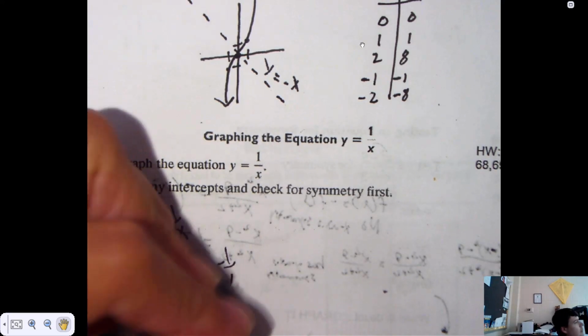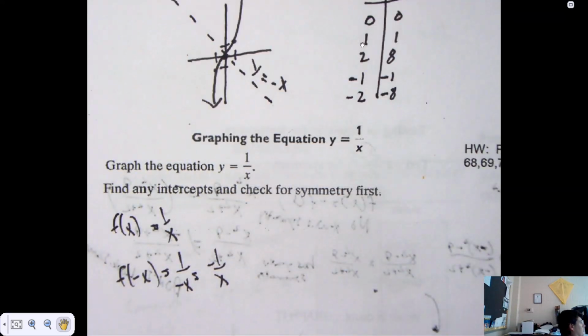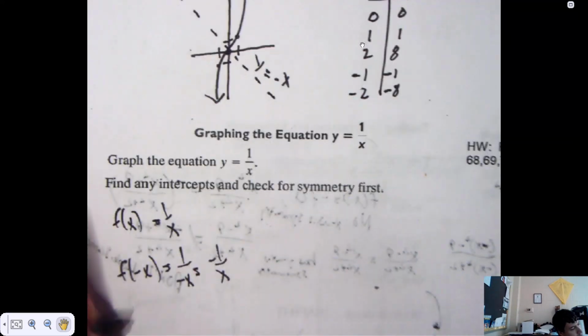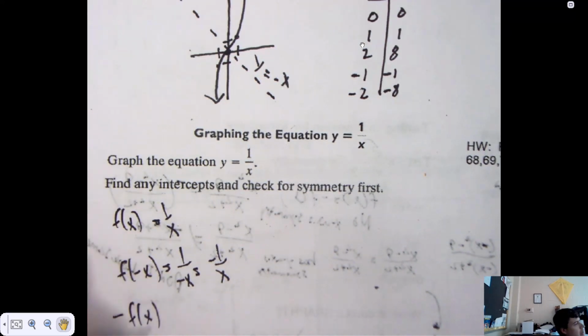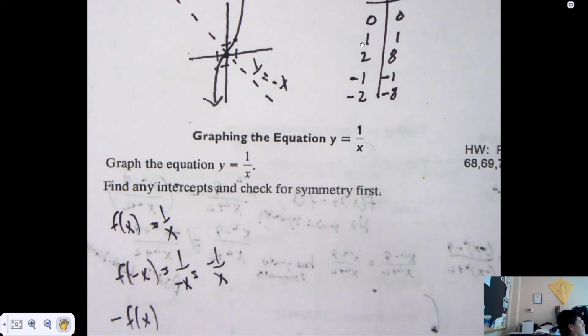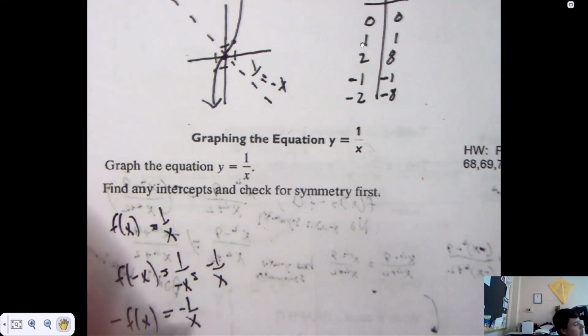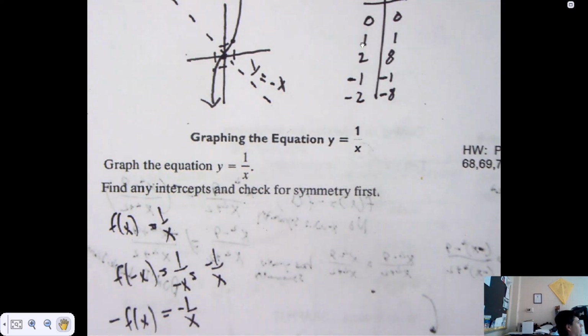Wouldn't it be 1 over a negative x, which is negative 1 over x? And the last one that we do when we find these symmetry tests is negative f of x. What would it look like? Negative 1 over x. Now look at your rules about symmetry. What type of symmetry does this thing have?